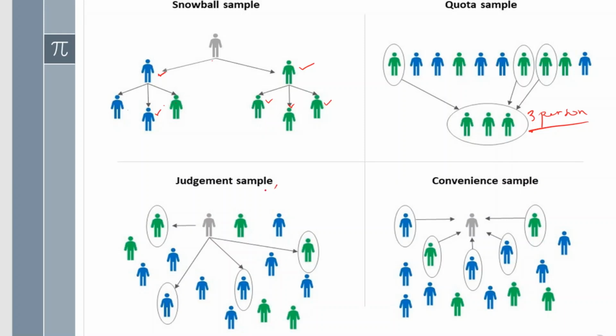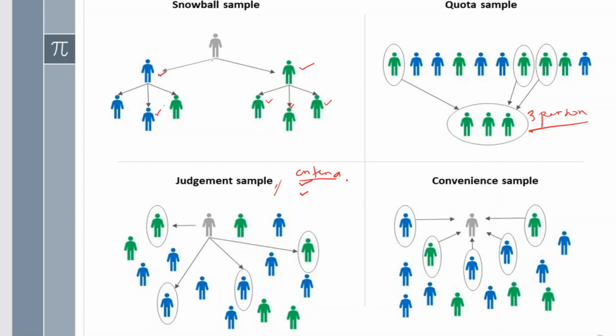Okay, and judgment or purposive sampling is that you have a criteria on which individuals will be part of your study. For example, you're going to interview obese individuals.